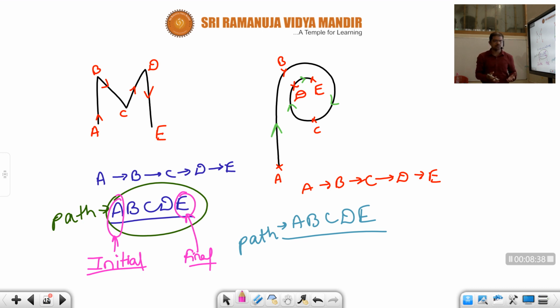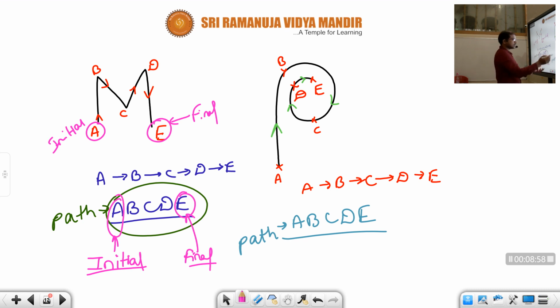While you are drawing the path, it starts with some point, that is the initial point, and it ends with some point, that is the final point. So if you know the path, then you can easily trace what is initial and what is final.